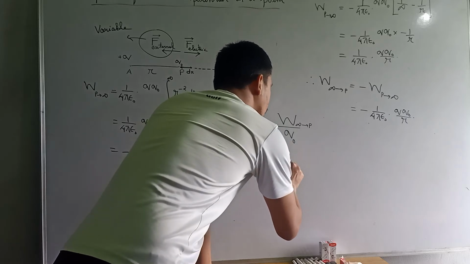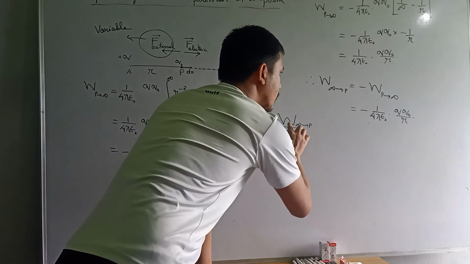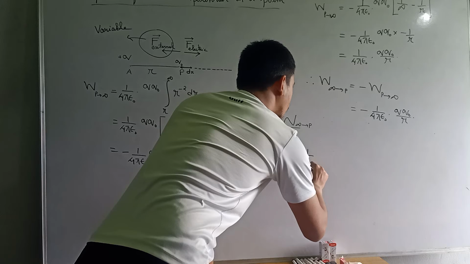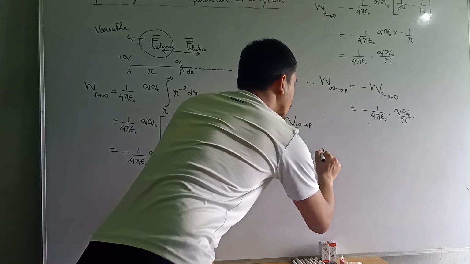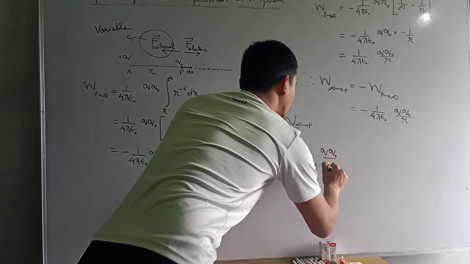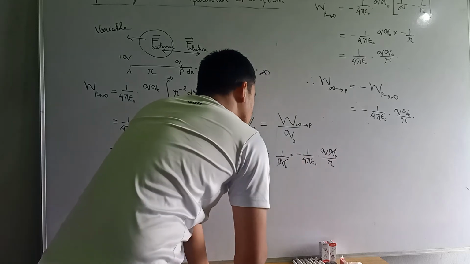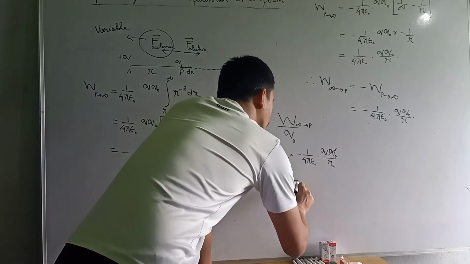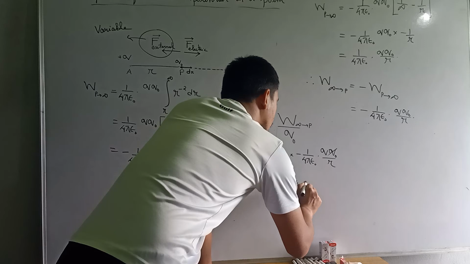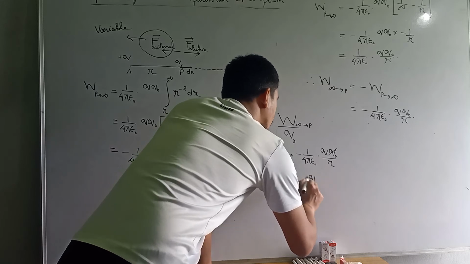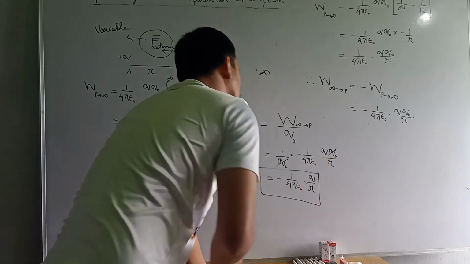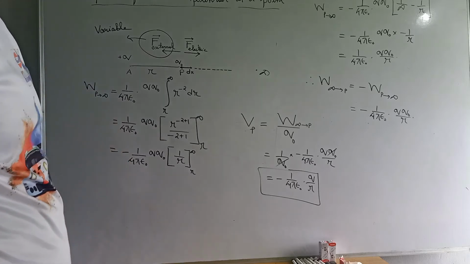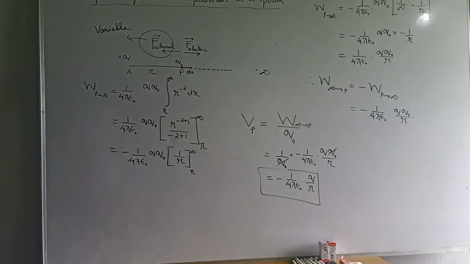Now here 1 by Q naught as it is into this one, which is minus 1 by 4 pi epsilon naught into Q naught upon R. This Q naught cancels. So that is minus 1 by 4 pi epsilon naught into Q upon R, which is the required relation for the electric potential at any point. Is it okay?